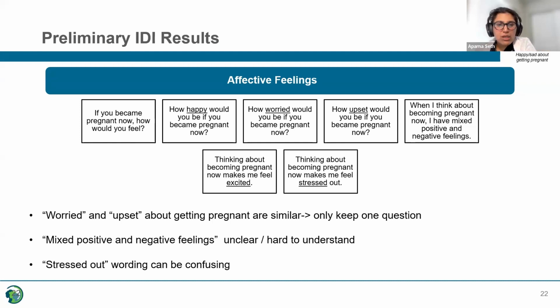And another example is how happy you would be. So this is again very happy, somewhat happy, and that was the feedback we got: what does somewhat happy mean or somewhat unhappy mean, and how do you quantify happiness? So all of these test questions have a Likert scale option, and we are getting very rich feedback even on those things.